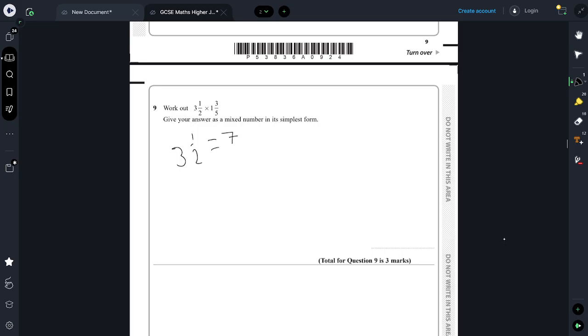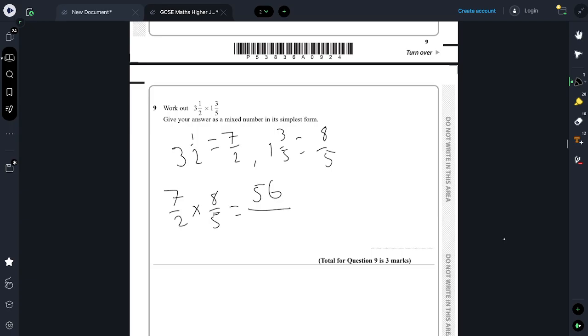Add the 1, 7 over 2. And then 1 and 3/5. 1 times 5 is 5. Add the 3, which is 8. So 8 over 5. So now we're timesing these two fractions together. And that is very simply, you just times the top numbers and the bottom numbers. Nothing more there. 7 times 8, well, that's going to be 56.